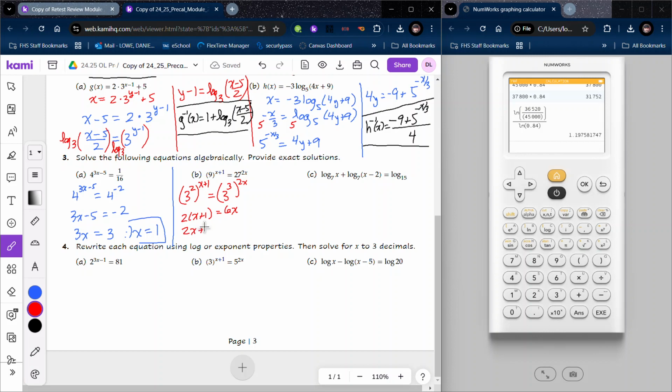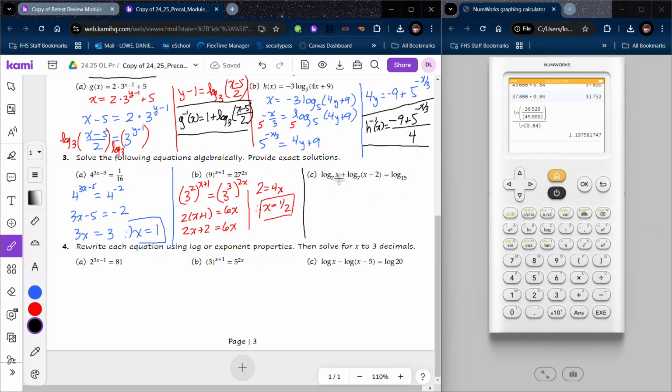So 2x plus 2 must be equal to 6x. Right? So then that means that 2 must be equal to 4x, so x must be equal to 1/2. All right? Solving equations algebraically using exact solutions.